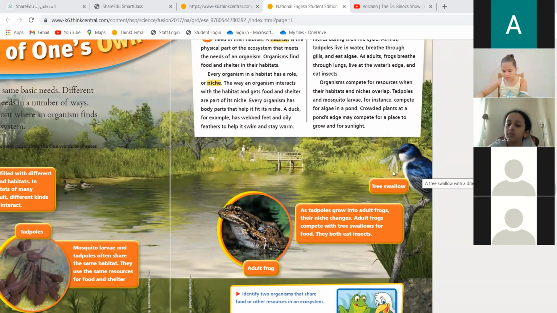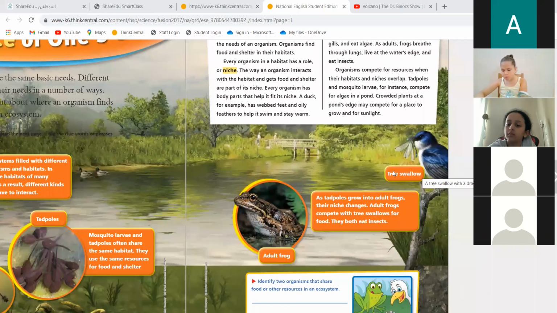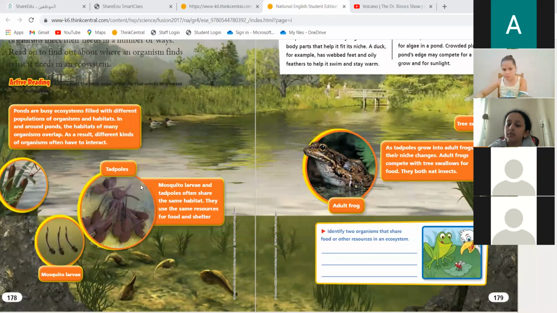Eating a mosquito. Excellent. What about over here, tadpoles? Where did their moms put them? In the lake, yes, under the water.